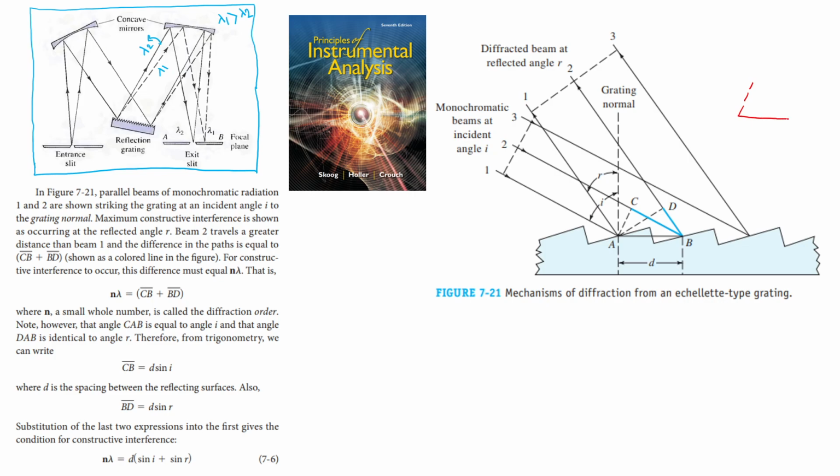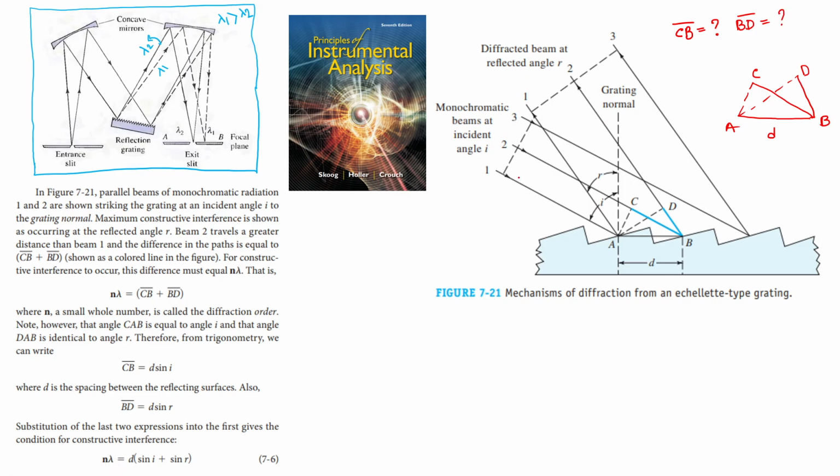They are considering B A, the distance is D. This triangle, and there is another triangle. From these two triangles, they are trying to get the value of CB and BD.